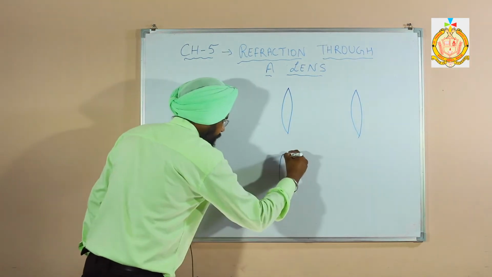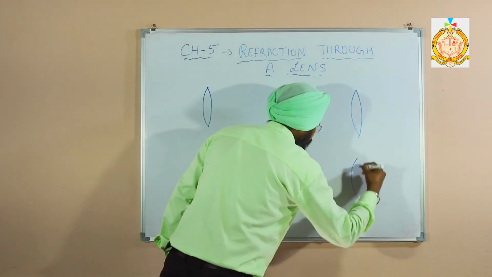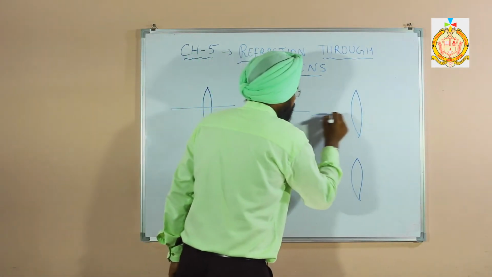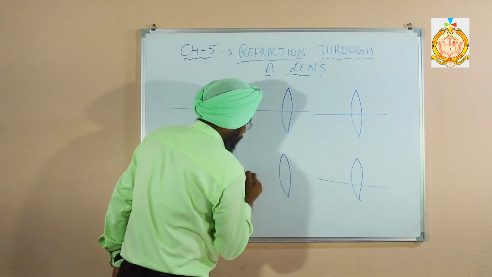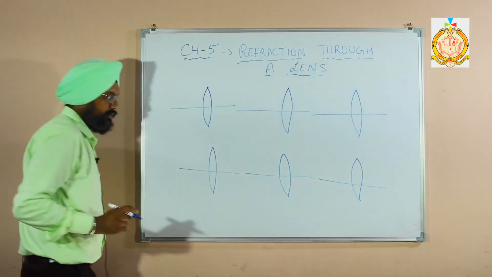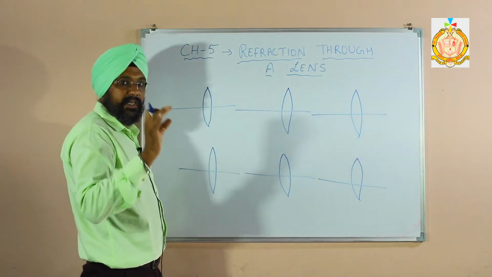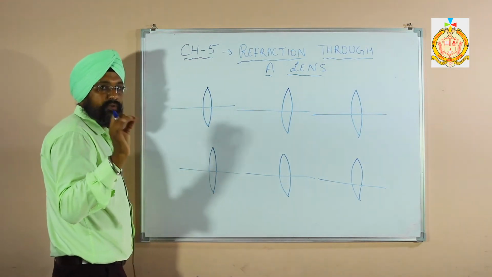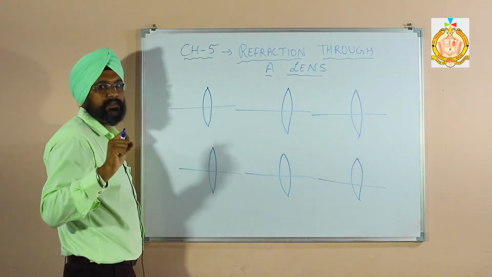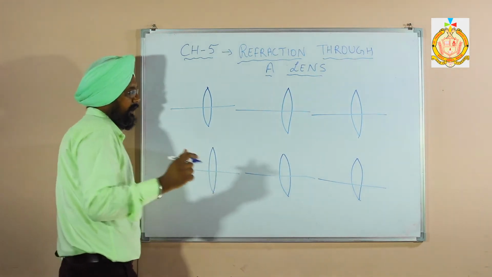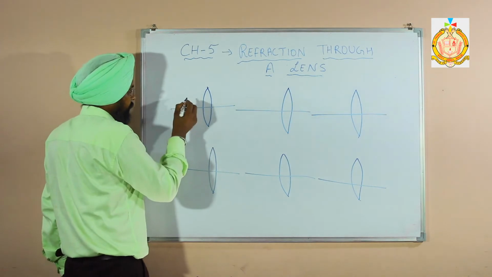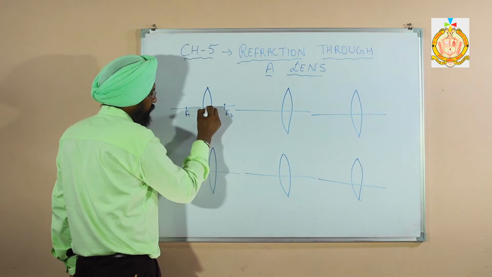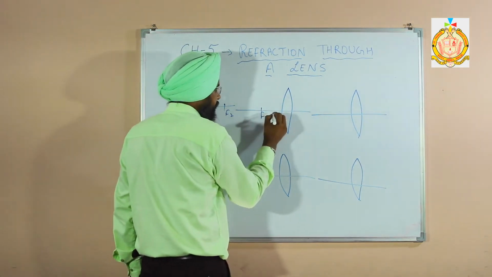The first one, this you have to practice at home also. Try to draw these diagrams at least 3 to 4 times, because I am 120% sure that the ICSE as well as the board exam will ask this ray diagram once or twice. So first, this is F1, this is F2, and this is the optical center.